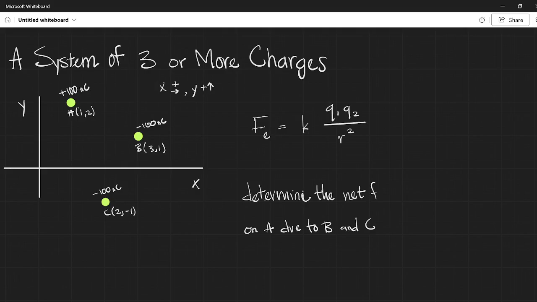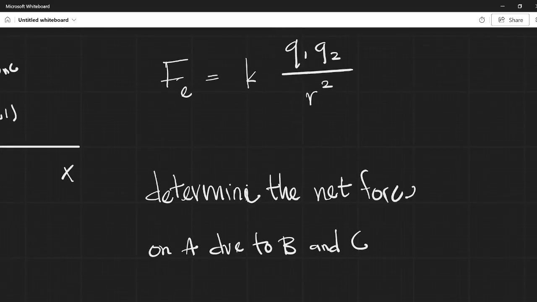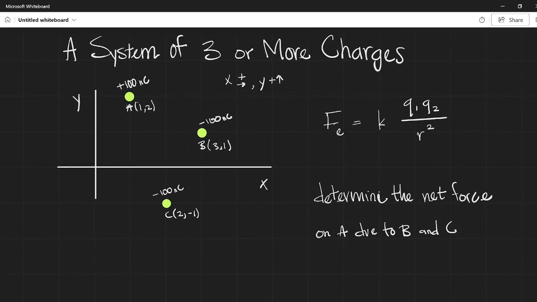We've got one positive charge at A, and then negative charges at locations B and C. And so we can tell right away that if we want to determine the net force on A due to both B and C, we can see that we're going to have an attractive force pulling A towards B and C.